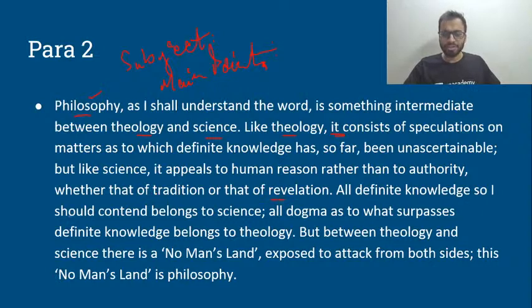All definite knowledge, so I should contend, belongs to science. All dogma as to what surpasses definite knowledge belongs to theology. But between theology and science, there is a no man's land, exposed to attack from both sides. This no man's land is what? It is philosophy. So main point is comparison with theology and science, and philosophy is the main subject.